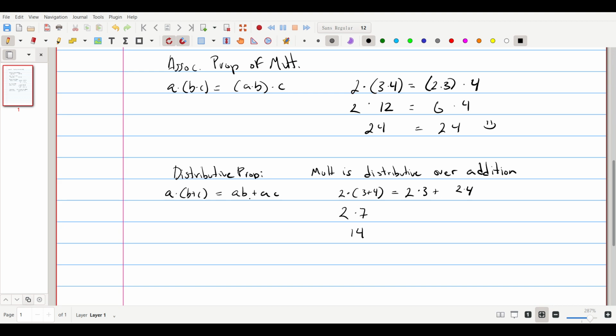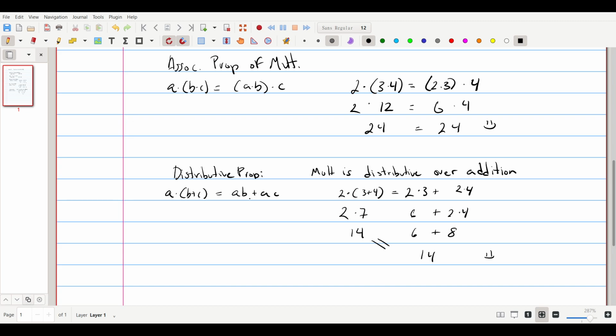Here, there's no parentheses, so 2 times 3 is 6, and 2 times 4 is 8. Let's just do it step by step: we do the multiplication first, and then 6 plus 8 is 14. So these two things are the same thing, and everybody's happy.